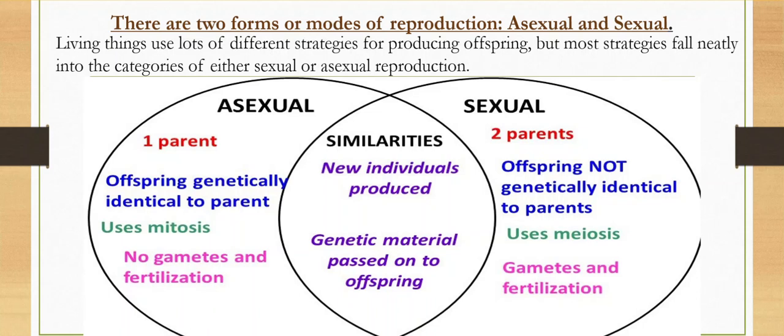In asexual reproduction, the offspring is genetically identical to the parent, while in sexual reproduction, the offspring is not genetically identical to the parents. Asexual reproduction uses mitosis, whereas sexual reproduction uses meiosis. No gametes and fertilization are involved in asexual reproduction, while sexual reproduction takes place through gametes and fertilization.